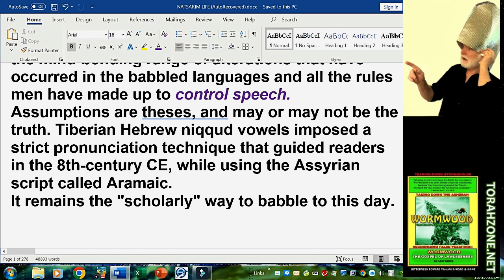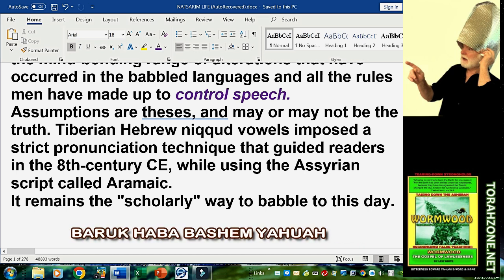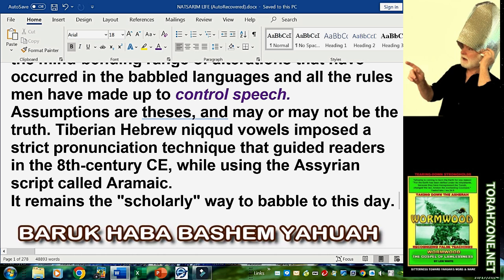And the Tiberian Hebrew Nakud vowels imposed a strict pronunciation technique that guided the reader in the 8th century CE while using the Assyrian script called Aramaic. It remains the scholarly way to Babel to this very day.